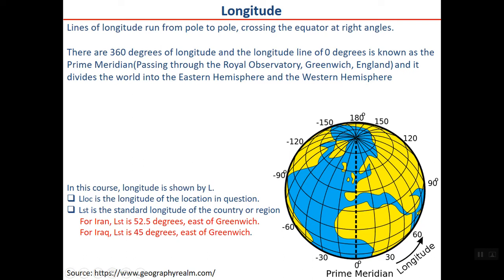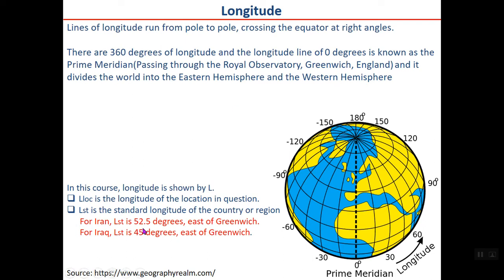For example, a city in Germany, Berlin, has its own L_LOC. But L_ST is the standard longitude of the country or region. Most countries have one standard longitude. In some cases, there may even be more than one.